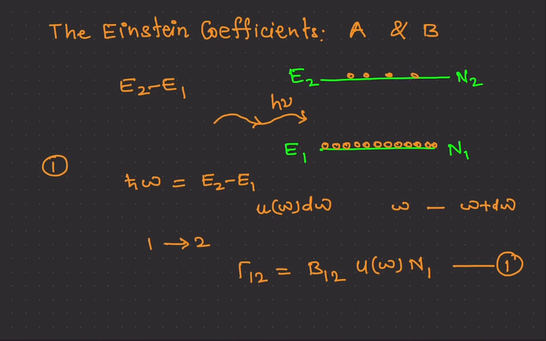and E2. And the second way of interaction: Einstein postulated that an atom can make a transition from energy level E2 to E1 through two distinct processes, namely stimulated emission and spontaneous emission.